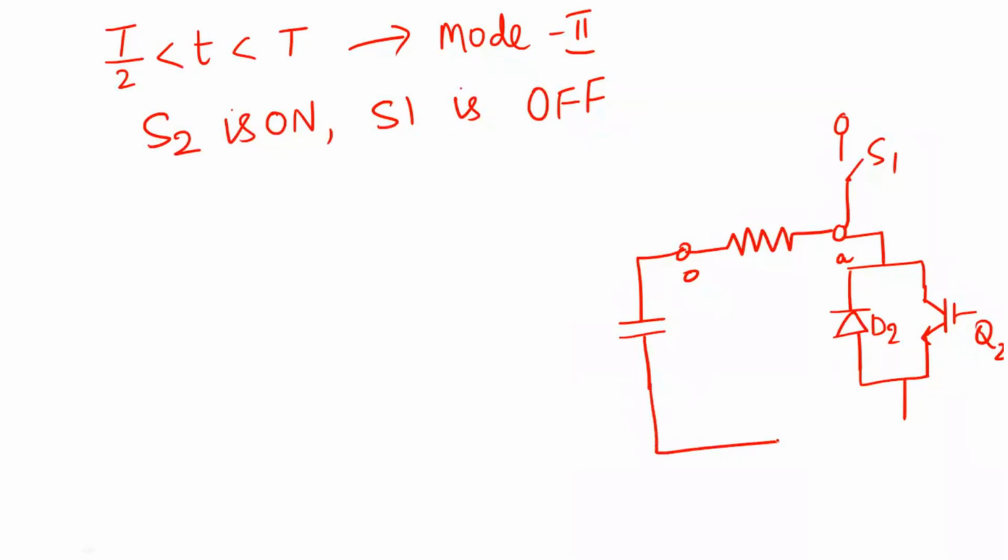So this is the load current I naught, Vs by 2, positive and negative.